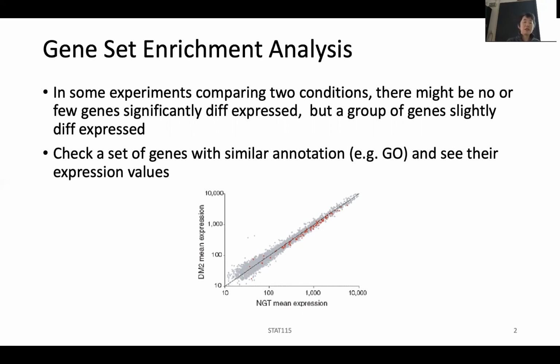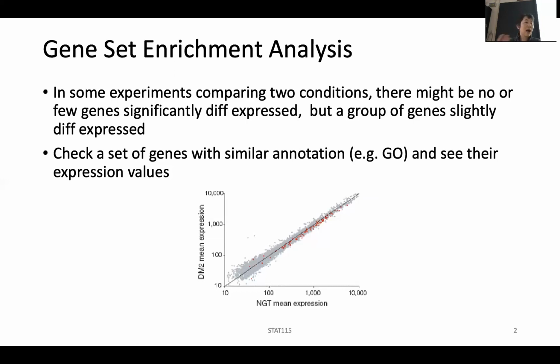Did you notice something special about these genes? They are only slightly more expressed on the x-axis and less expressed on the y-axis. If you look at one gene at a time, they are definitely not significant. But if you look at all of those genes together, you might notice that they are a little bit shifted to the lower right half.